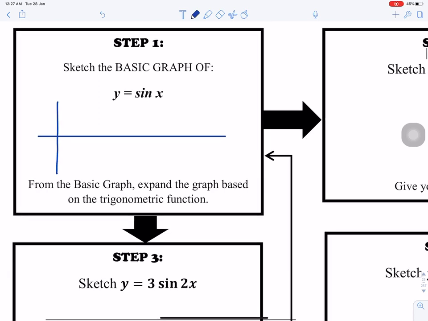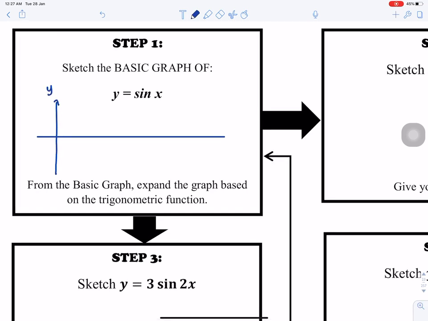Sketch the y-axis and x-axis, and sketch one complete cycle of the sin x graph. At the end of one complete cycle, sketch the boundary line.